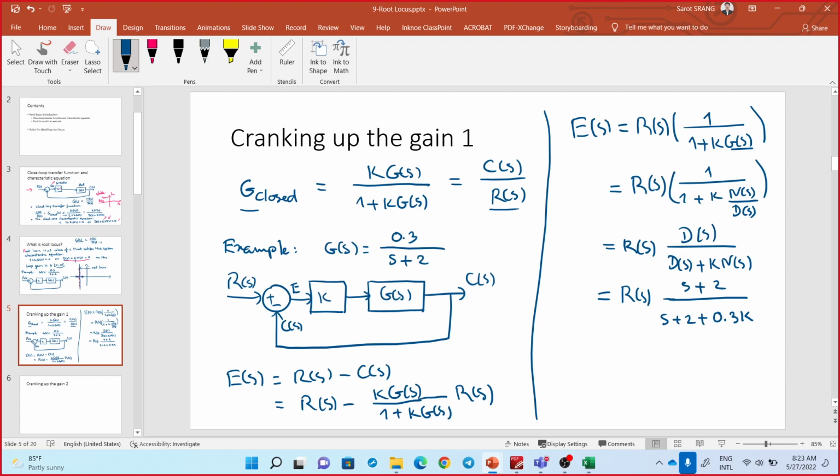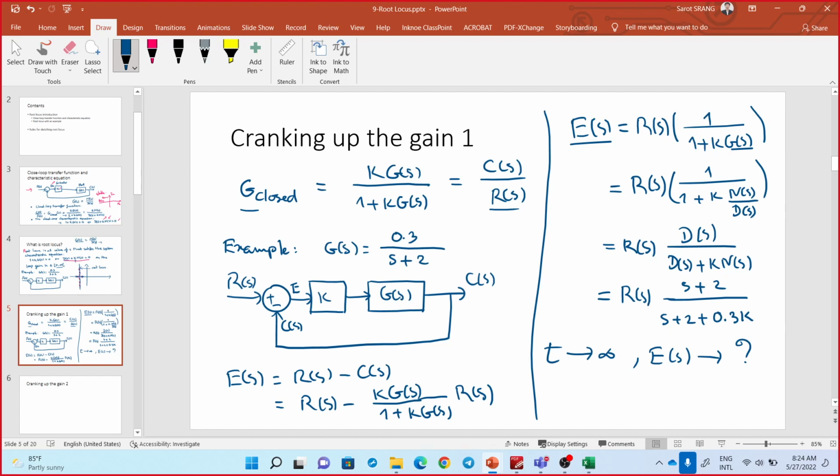So here is the Laplace transform of the error. And let's say I want to know what happens to the error when t goes to infinity. When t goes to infinity, then what is the error?